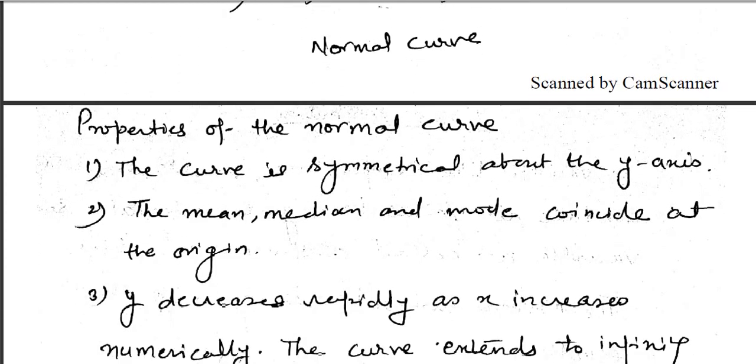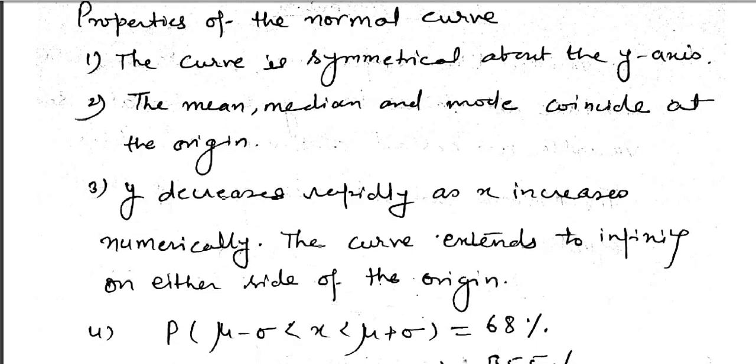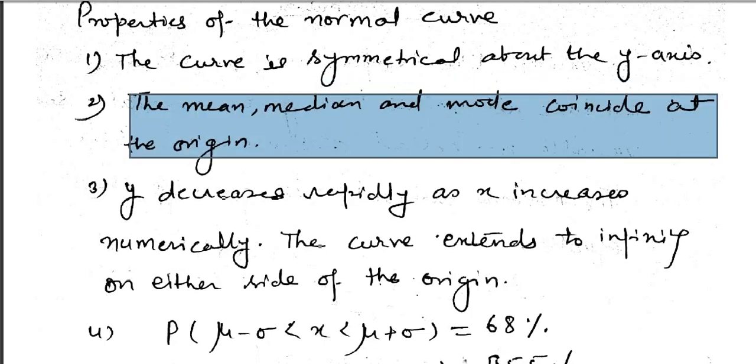Here are some properties that we already discussed, but this is one new property. Property number 2, look at here: the mean, median and mode coincide at the origin. This is the property whenever we are talking about the normal curve.